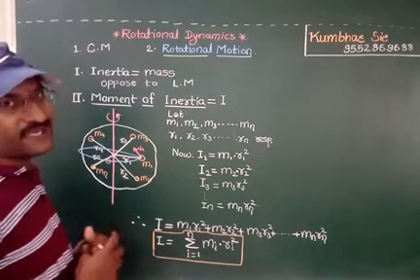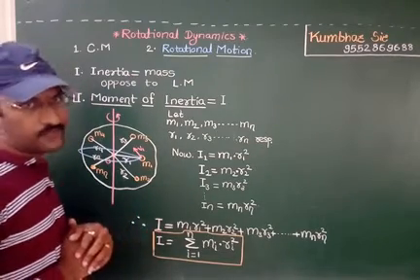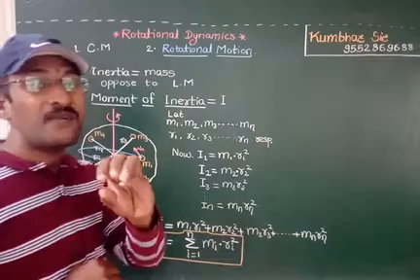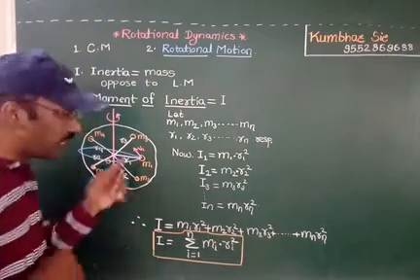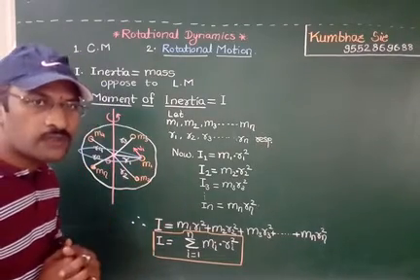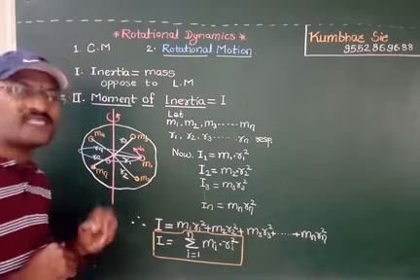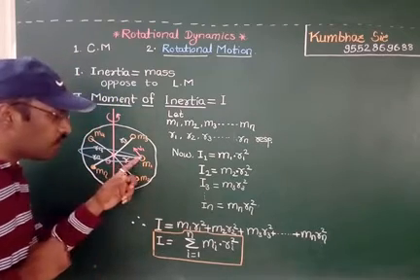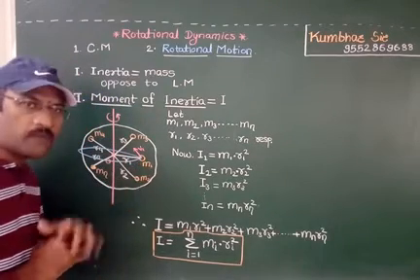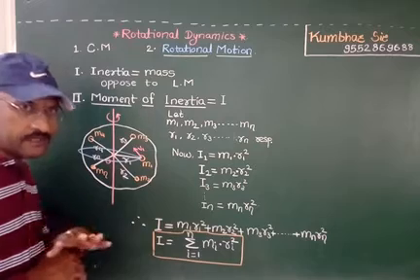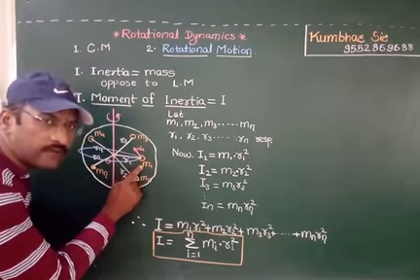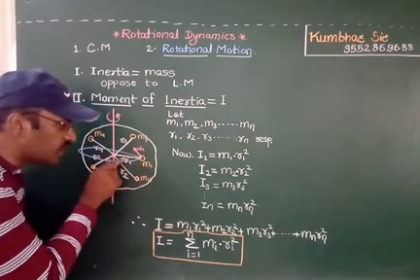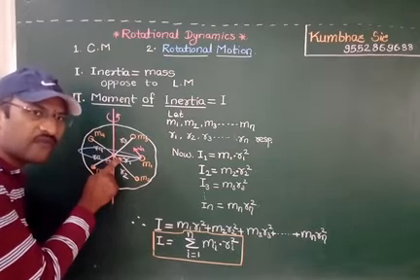Now mathematically it is represented as moment of inertia. It is a product of the mass of any particle and the square of the distance between the axis of rotation and the mass of the particle. Let us consider only the first mass M1, which is situated at a distance R1.